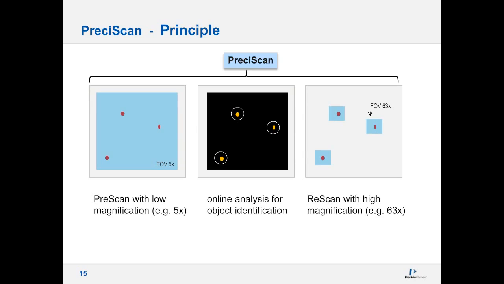Due to the high accuracy of our stage and the automatic image alignment we can do in our software, this process is extremely precise, allowing you to go from 5x to 63x without missing a cell, basically.